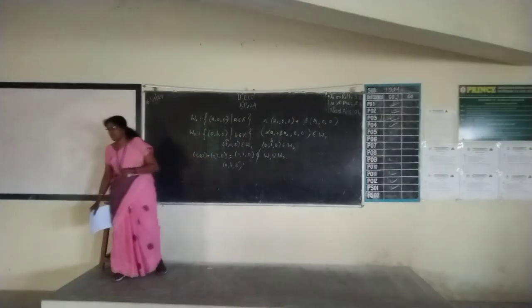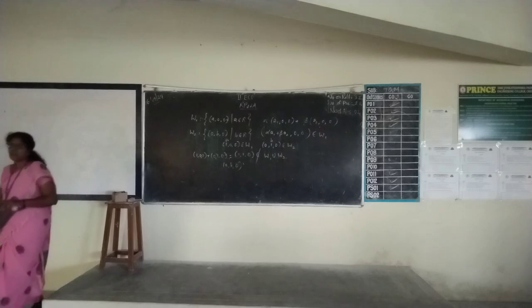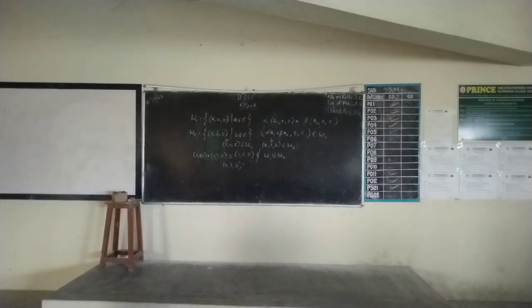So, what is the first topic we completed? Vector space. Then we discussed the vector subspace. As usual, why are we discussing algebra? Already in the first class I told you. What is the main application I told you? Solving systems of linear equations.